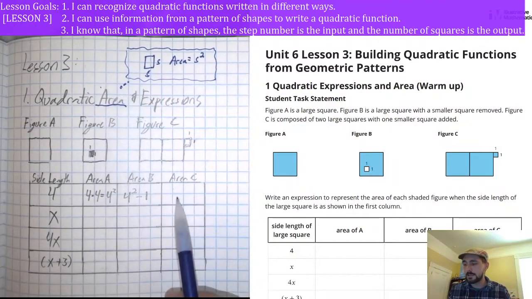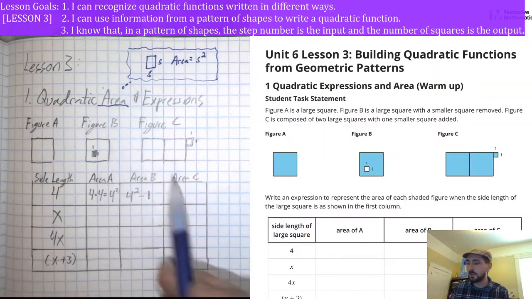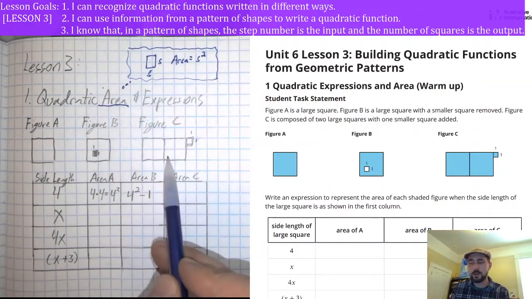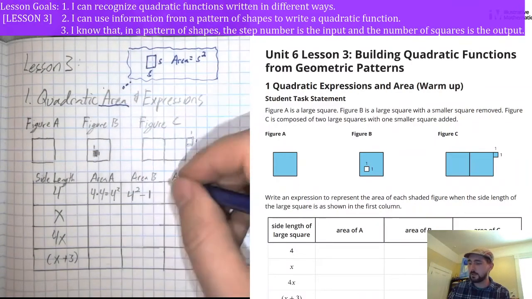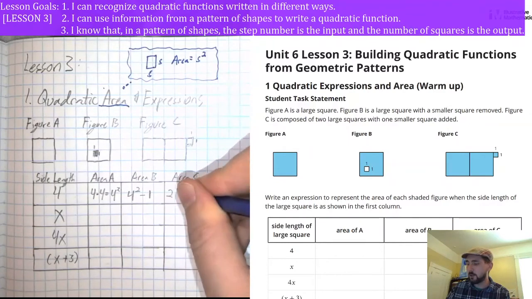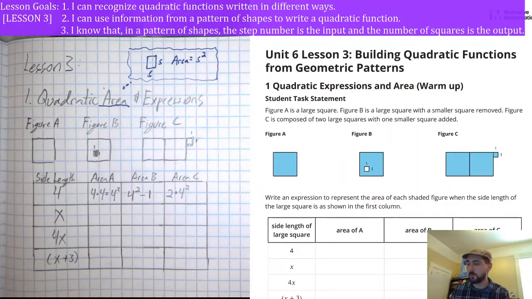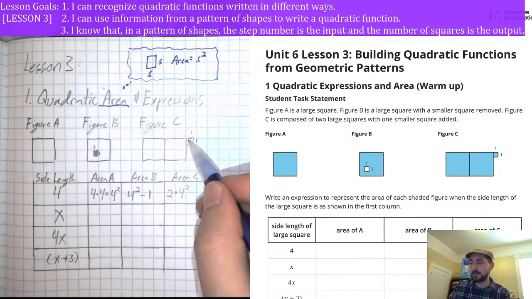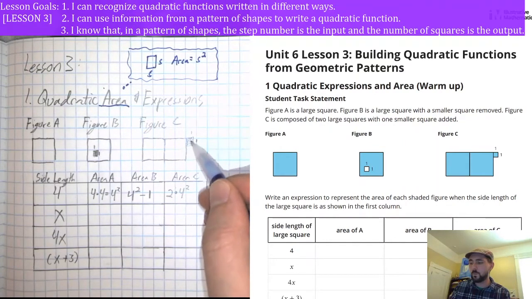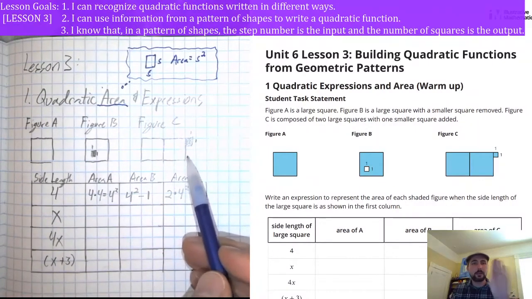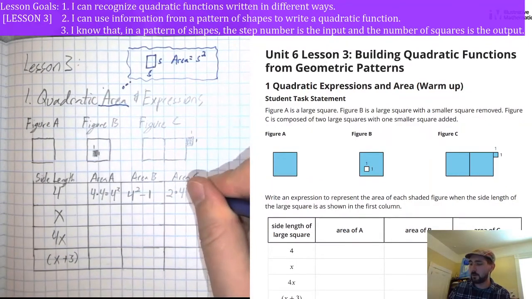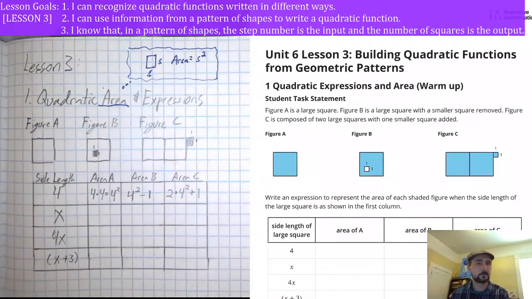Okay, figure C isn't 1 of these squares, it's 2 of these squares. So we can say it's 2 of the 4 squareds, but now that extra little square isn't being taken away, it's being put in, which means we're adding it. Right.